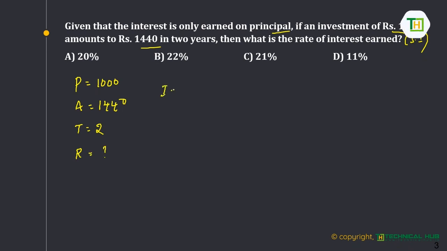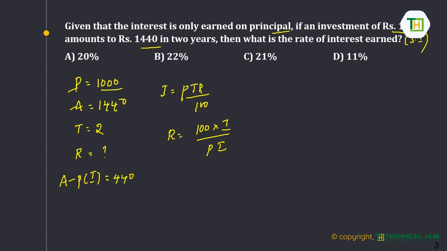So you know I is equal to PTR by 100. From that R is equal to 100 into I by PT. So what is the I value here? Amount is there, principal is there. So amount minus principal, then you will get the interest. So that is equal to how much? 1440 minus 1000 means 440. So substitute values in this formula.